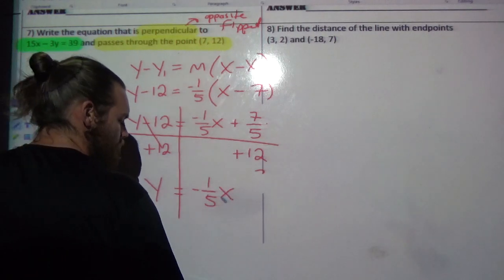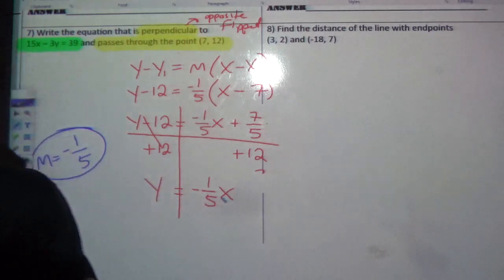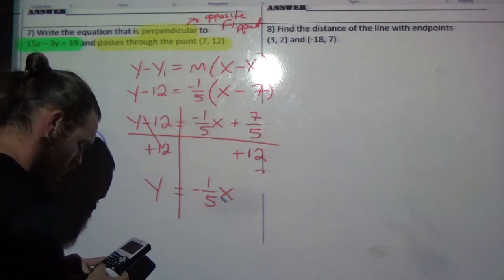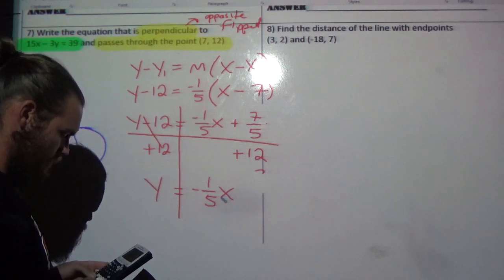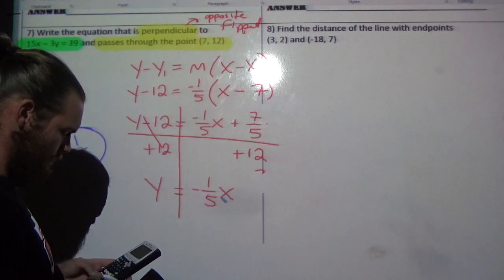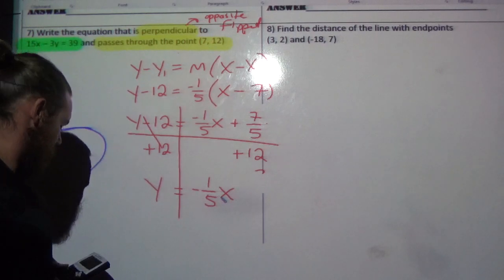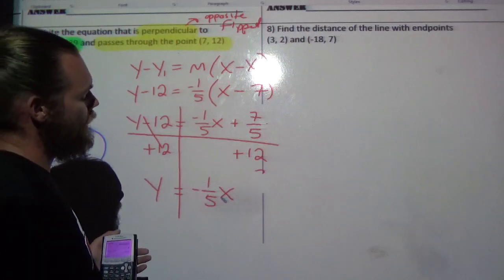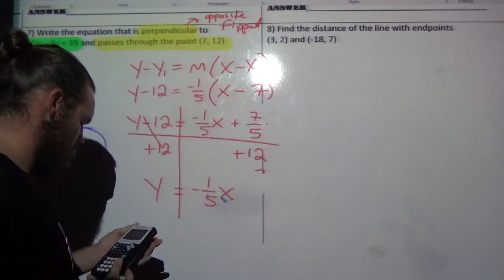And I cannot do 7/5 plus 12 in my head, so I'm going to use a calculator. We got 7 over 5 plus 12 gives you 13.4, but I would like you to turn that into a fraction.